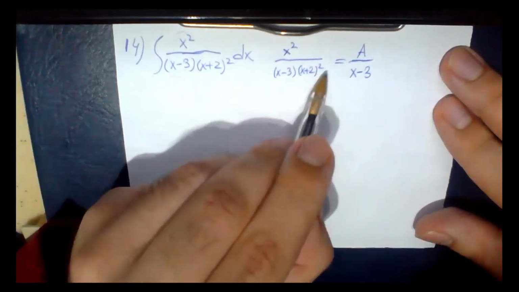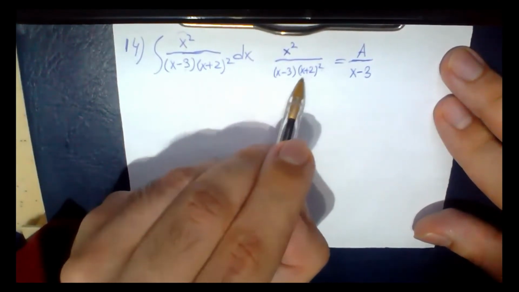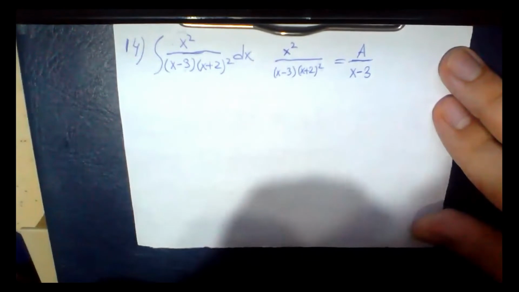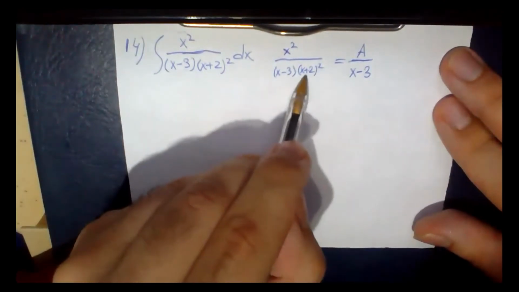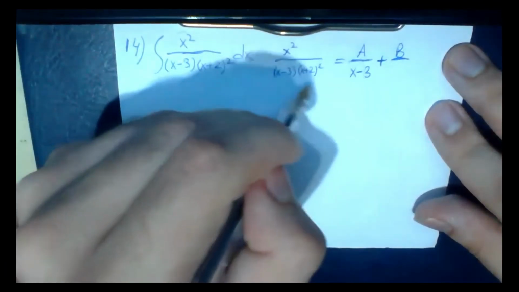When we have a power of an irreducible polynomial, while making its partial fractions, we start adding up constants over that polynomial from power 1 to that power. So we will have both b over x plus 2 and c over (x plus 2) squared.